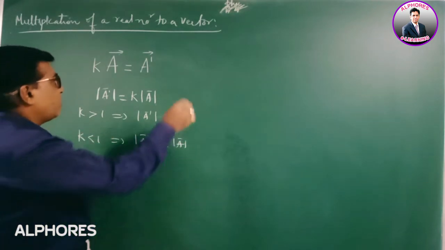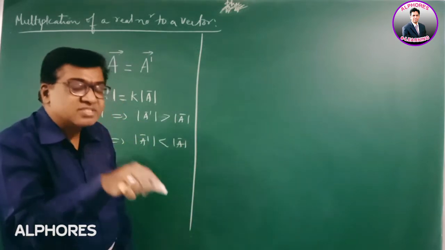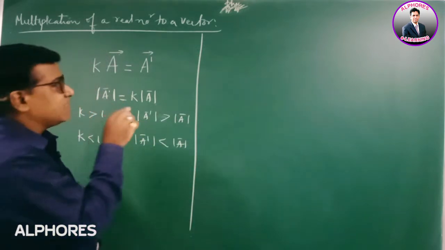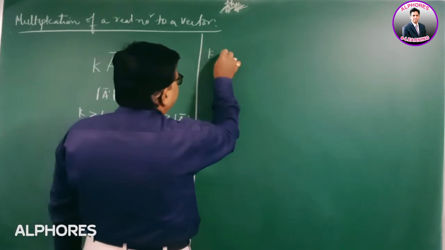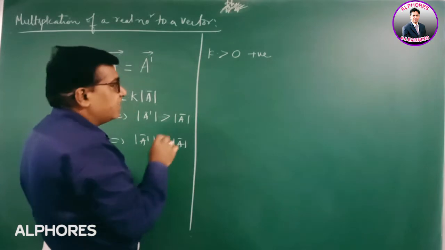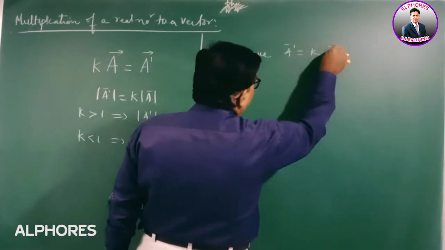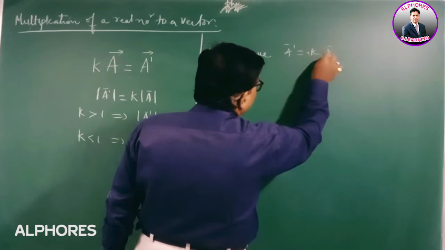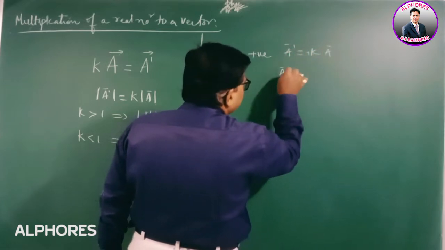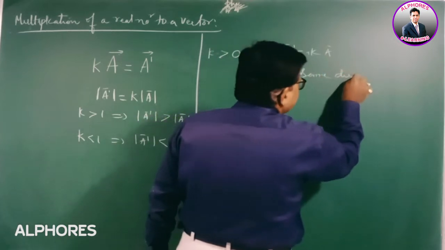Now, how about the direction? If k is a positive number, k is plus, if k is greater than 0, then a dash bar is k times a bar. This is positive and this is the same. So a dash bar will have the same direction as a bar.